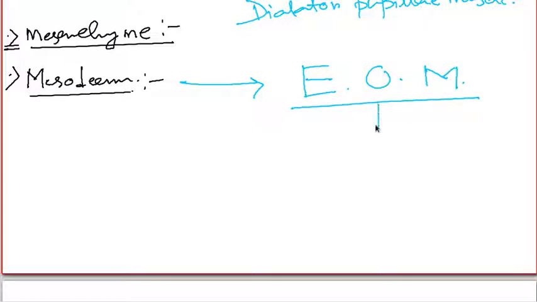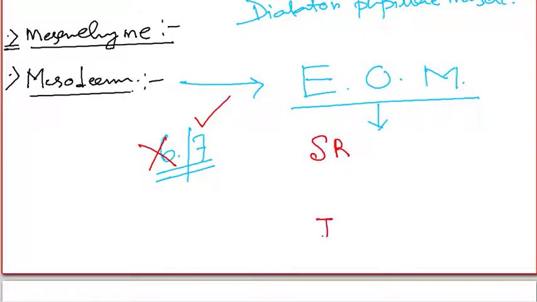So how many extraocular muscles are there? If we say directly, some will say 6, some will say 7. So which is the right answer? The right answer is 7, not 6. The muscles are superior rectus, inferior rectus, medial rectus, lateral rectus, superior oblique, inferior oblique.